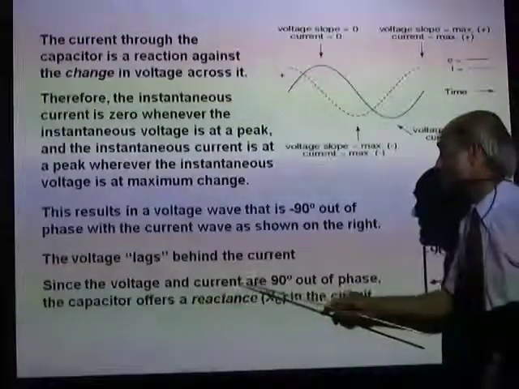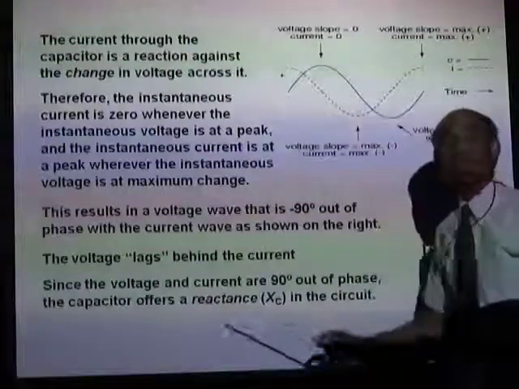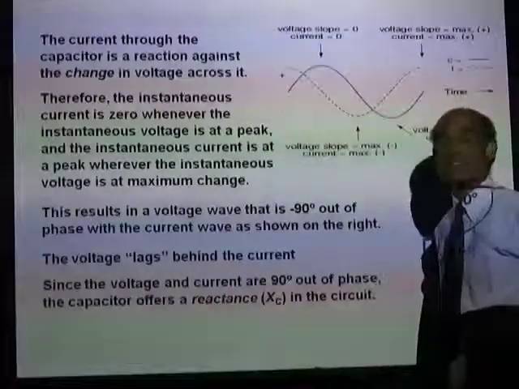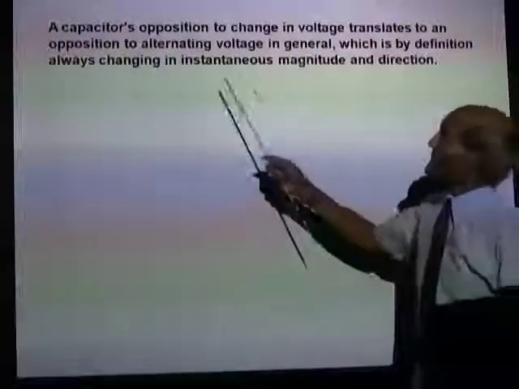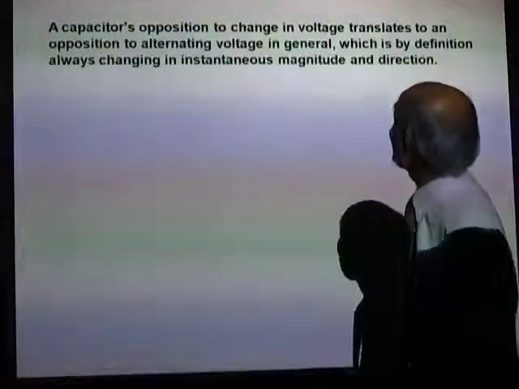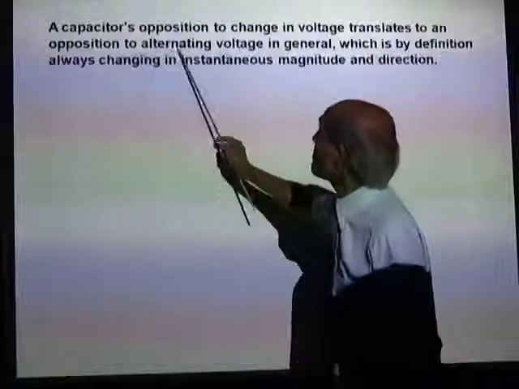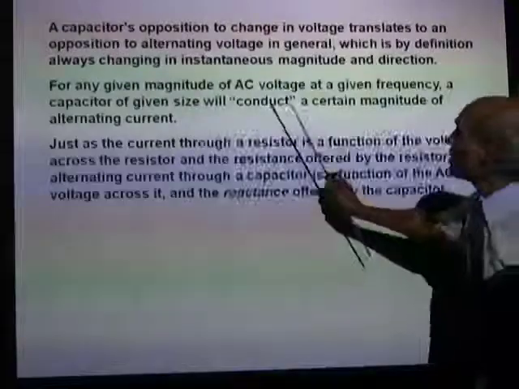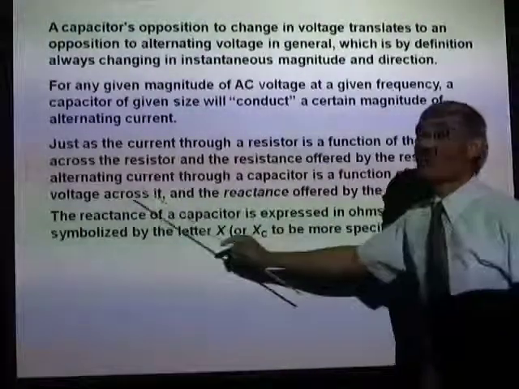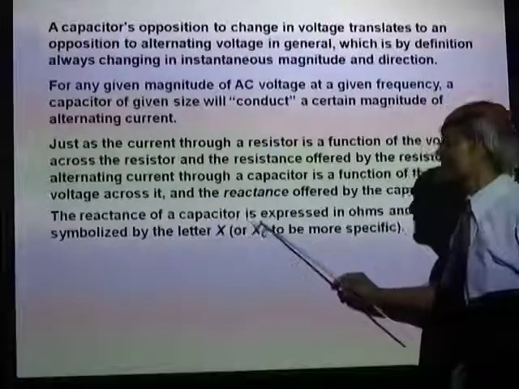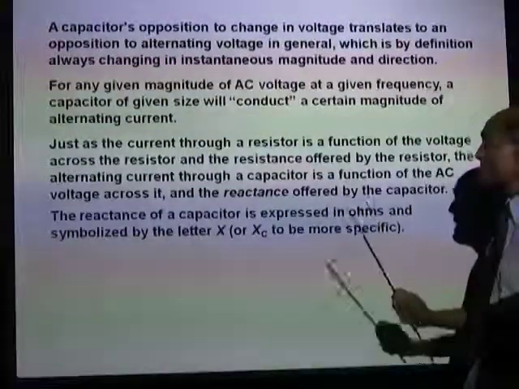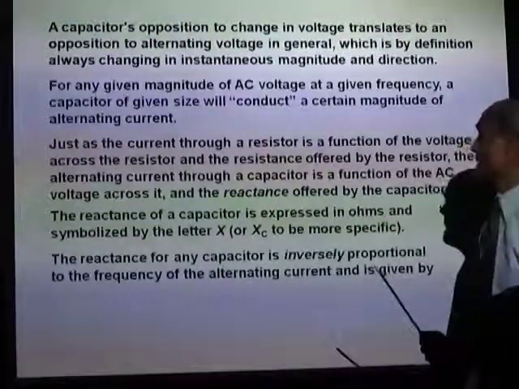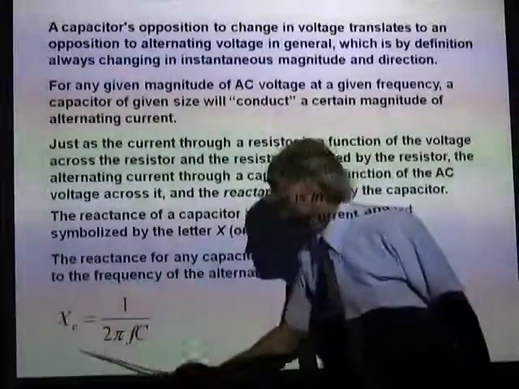Now, since the voltage and current are 90 degrees out of phase, the capacitor offers a reactance represented by Xc. A capacitor's opposition to change in voltage translates to an opposition to an alternating voltage in general. Well, I'm not going to go into the details. Now, the reactance of the capacitor is expressed in ohms as we normally do, and is symbolized X sub C. And I want you to remember this.